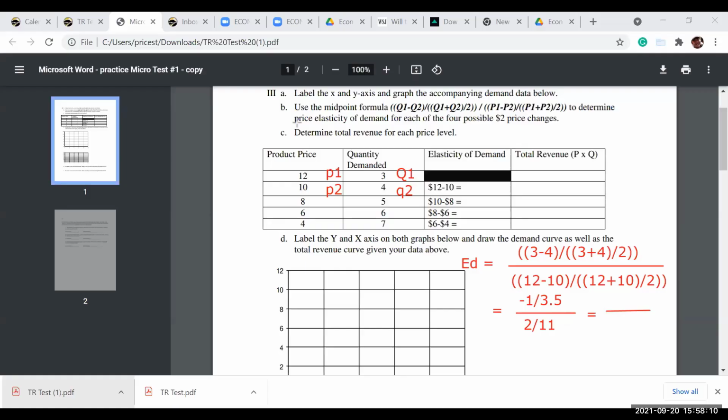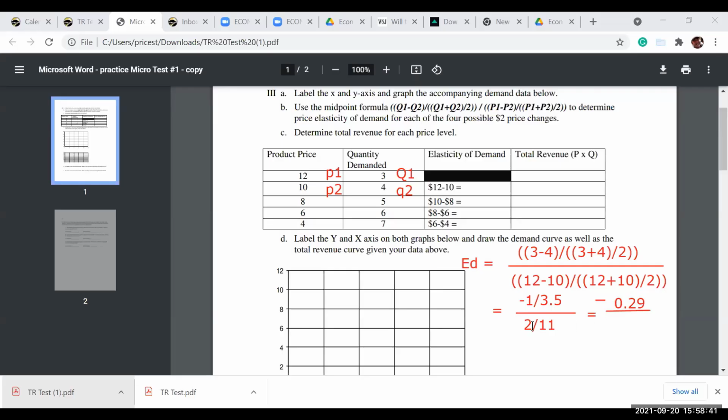Always round to the hundredths place when we do math together in this class. So here, my numerator, negative 1 divided by 3.5, I get 0.285. So if it is 0.285, I'm going to do 0.29, round it up to the hundredths place.